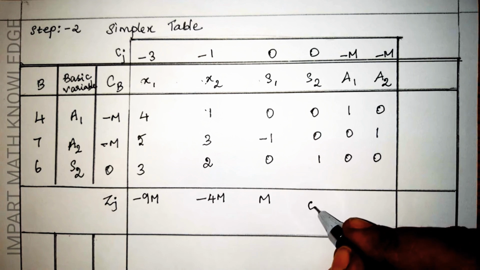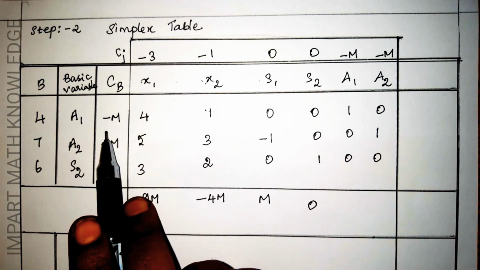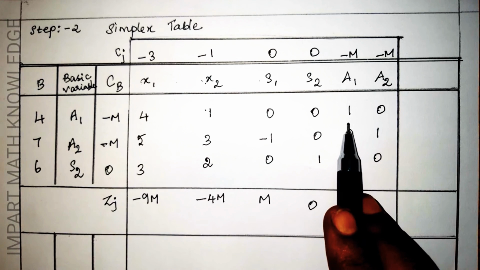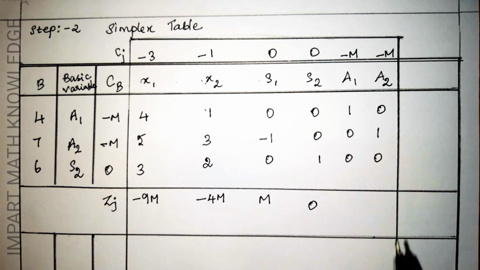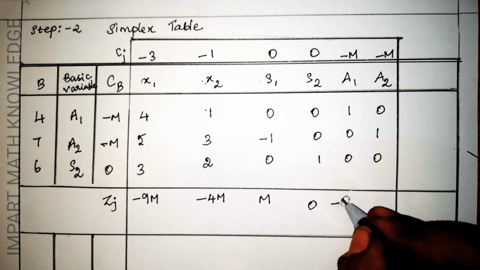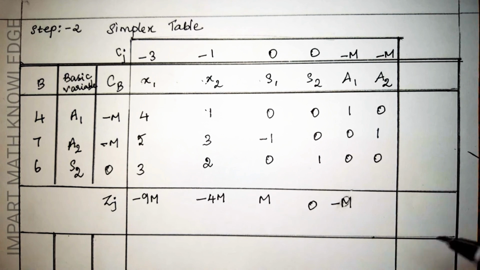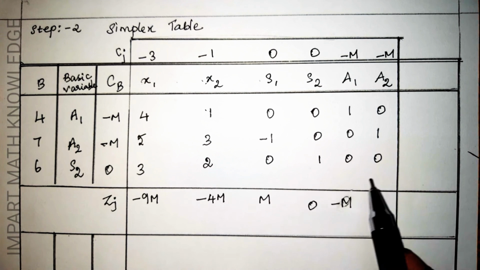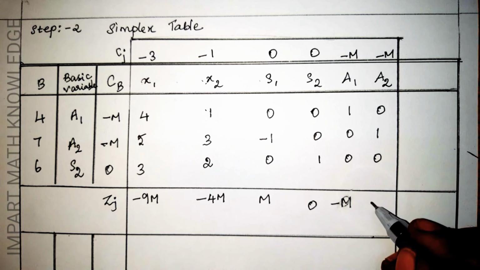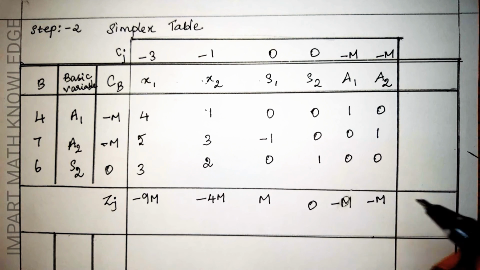So the value is 0. The next column: -m into 1 plus -m into 0 plus 0 into 0. The value is -m. The last column: -m into 0 plus -m into 1 plus 0 into 0. The value is -m again.